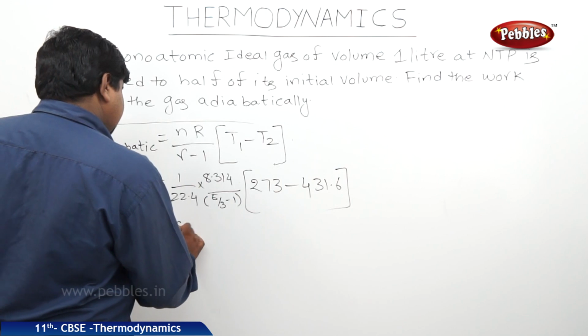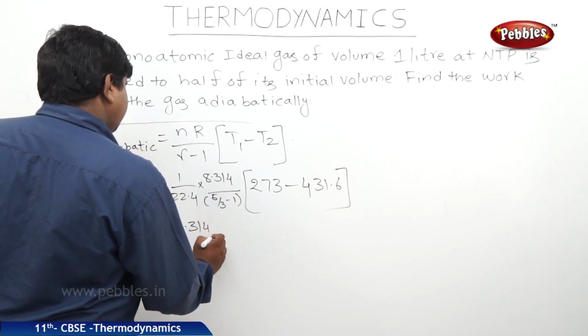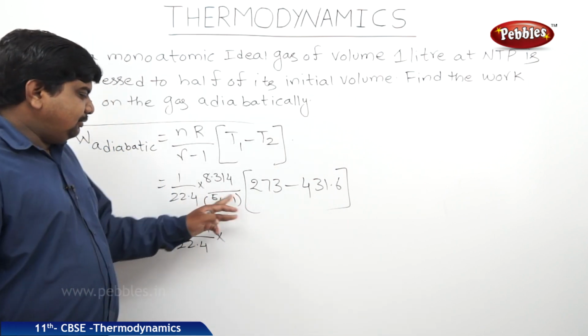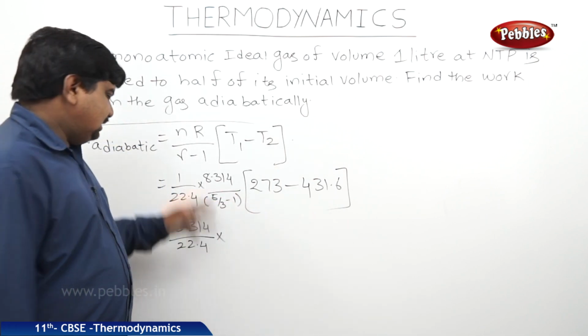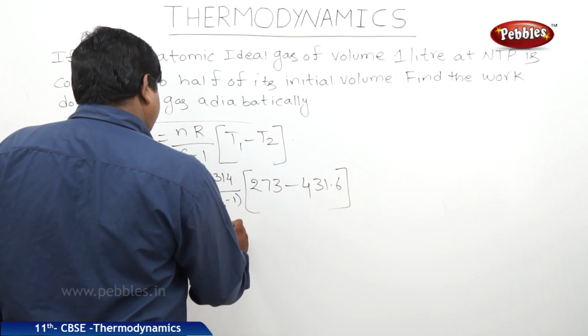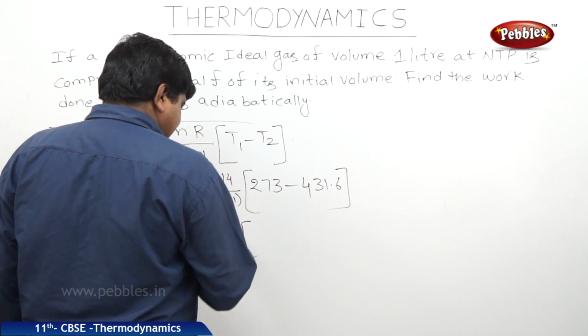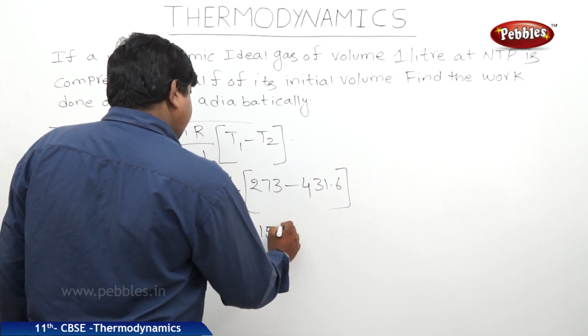Therefore, it will be written as 8.314 by 22.4 into 5 by 3 minus 1 is 2 by 3. So, 1 by 2 by 3 will give 3 by 2 into this is minus 158.6.